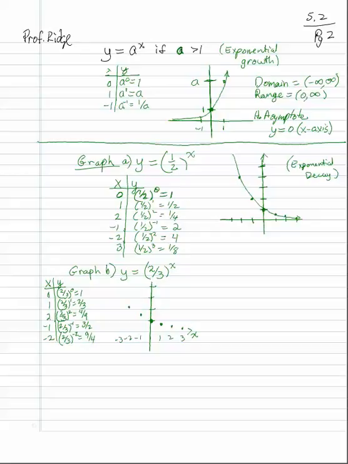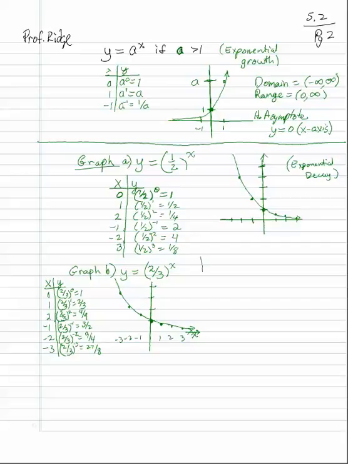If I did negative 3, it would be 2/3 to the negative 3, so 3 over 2 cubed, so 27 over 8, which is 3 3/8. So right about there. So what we get is this curve. Again, this will be an exponential decay curve. And we have that asymptote going this way.